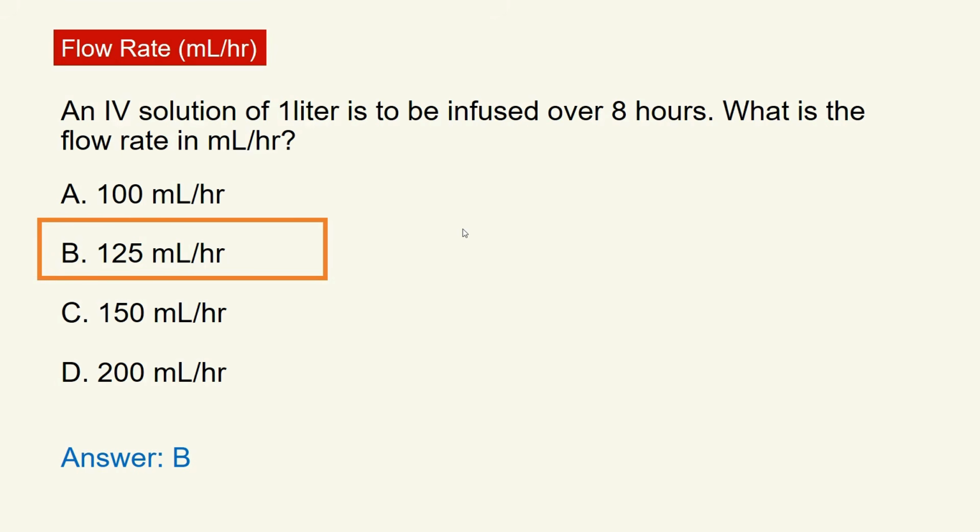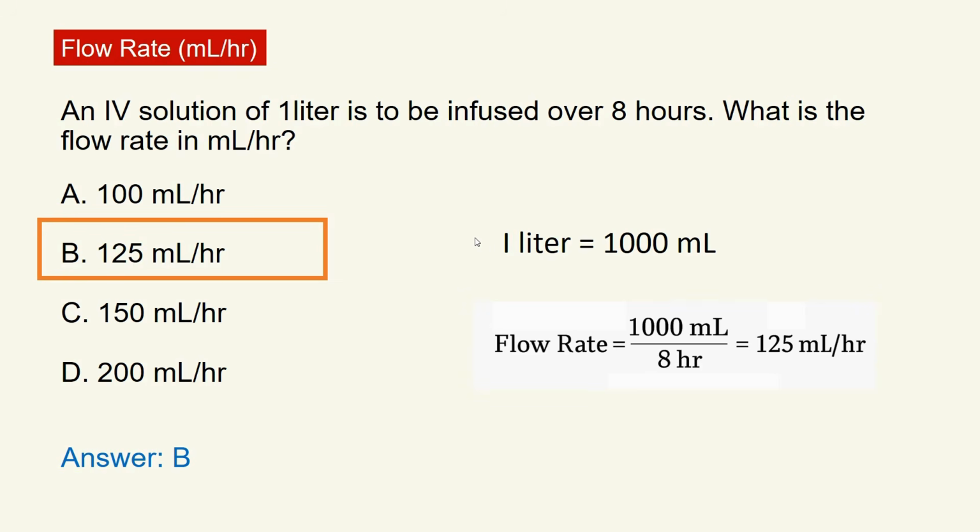So let's see how we got this answer. As you see, the flow rate formula is volume divided by time. Here the answers are given in milliliters, so you have to convert this liter to milliliters. That's step one. 1 liter has 1000 milliliters.